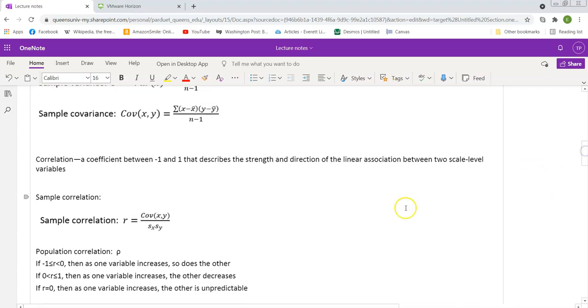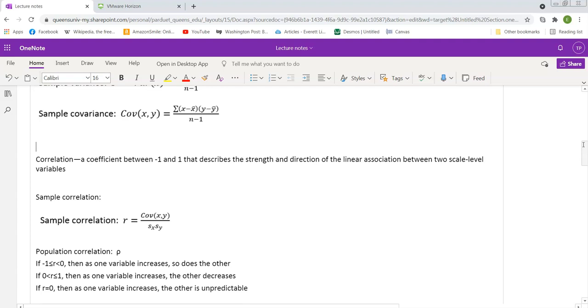So the sample correlation is R. Population correlation is this Greek letter rho, which looks like a P, but it's actually a Greek letter rho. And interpretation of this is any positive correlation means that there's a positive slope in the graph. So as one variable increases, so does the other one.